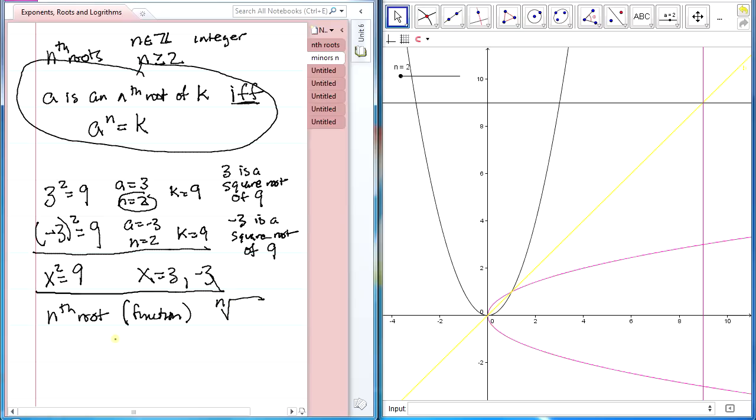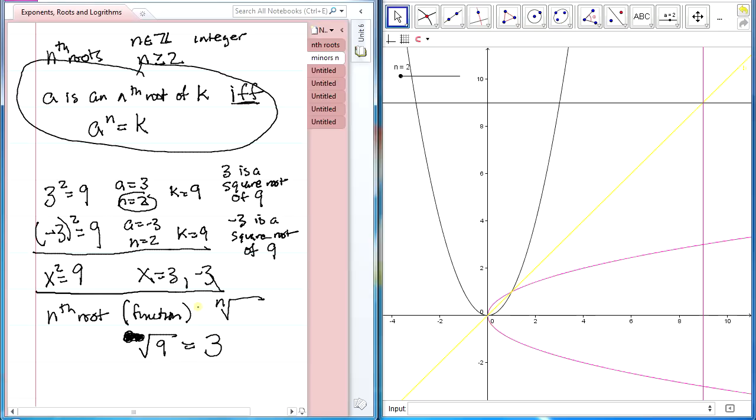And what's going to end up happening is that the nth root of 9 is only, in this case, the square root, which we don't even need to write a 2 in that place. The only answer that's going to be allowed to come back is 3, because that's what functions allow.